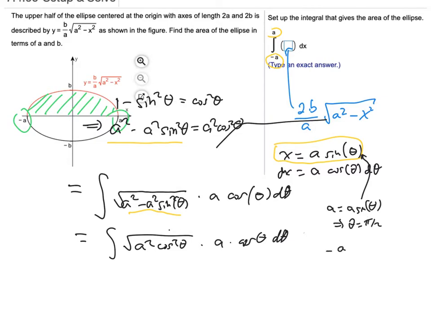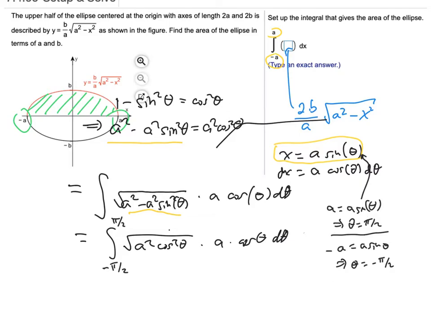And I could also ask, when is x equal to negative a? That's saying when is negative a equal to a sine theta, and that will happen when theta is negative pi over 2. So my limits of integration, instead of going from negative a to a as a range of x values, can go from negative pi over 2 to pi over 2 in terms of theta.